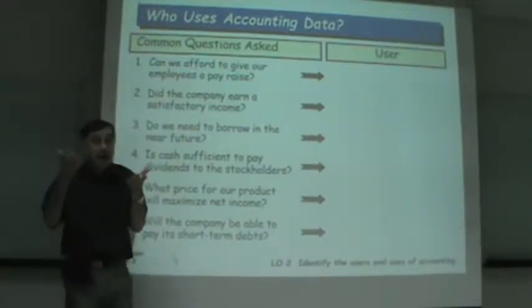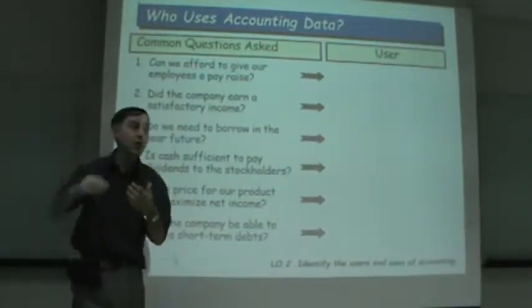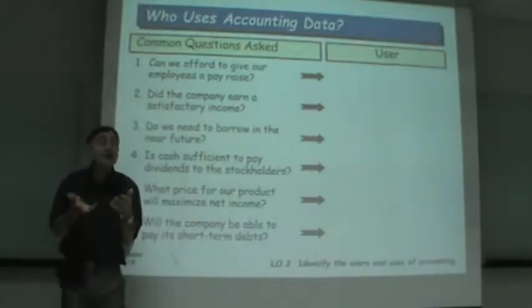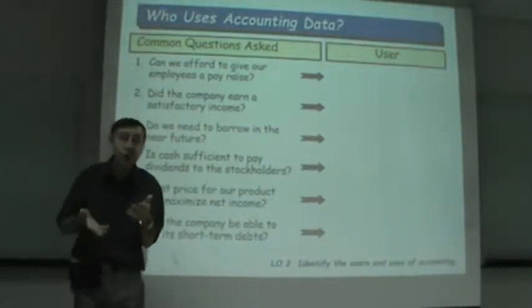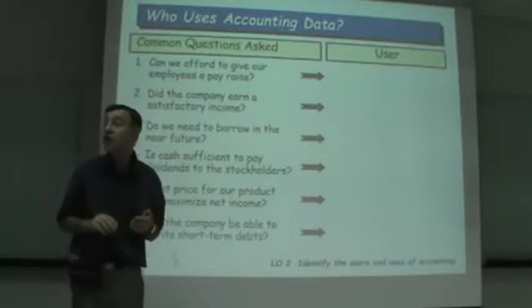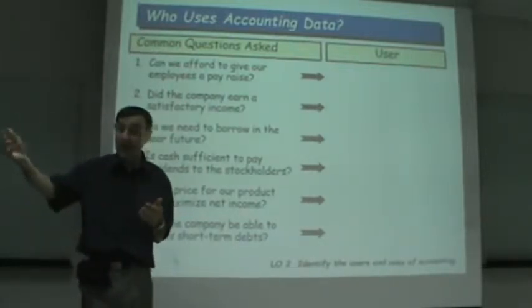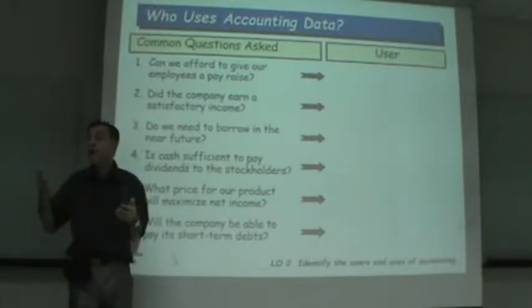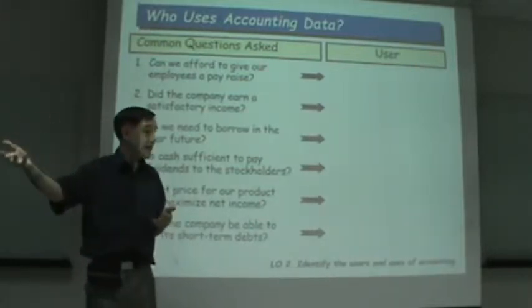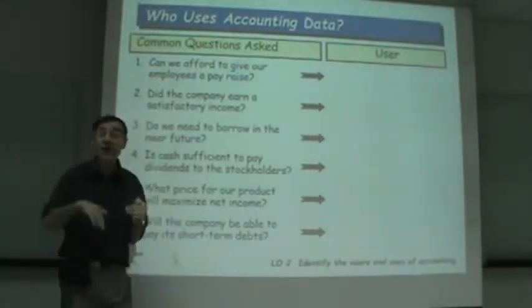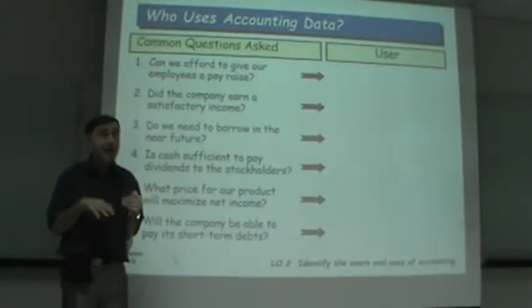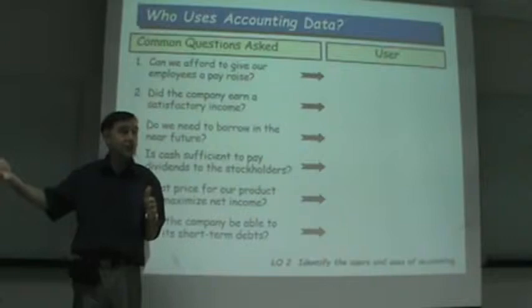Do we have enough money to pay more to workers? Do we have enough money to pay our creditors? Do we have enough money to pay the bank? Do we have enough money to pay the investors? And if we don't have enough money, how much do we need to borrow and for what kind of period?